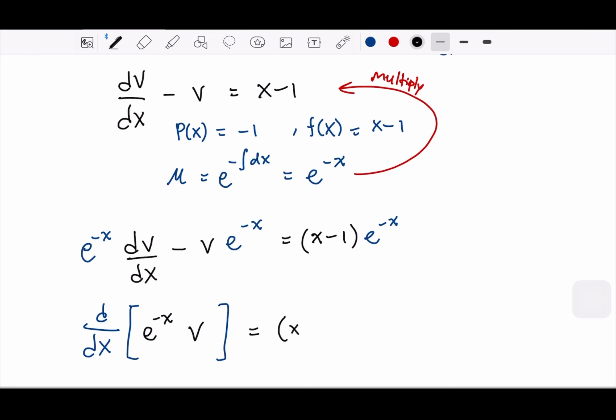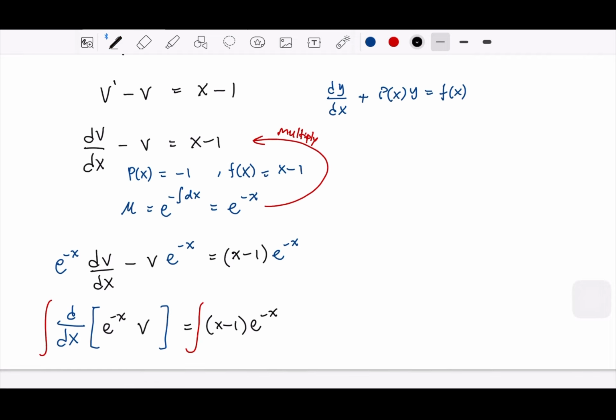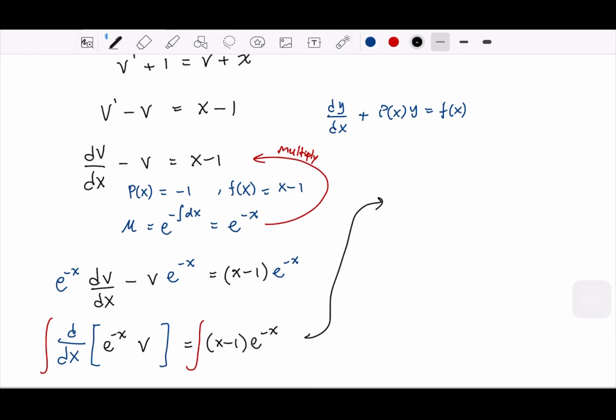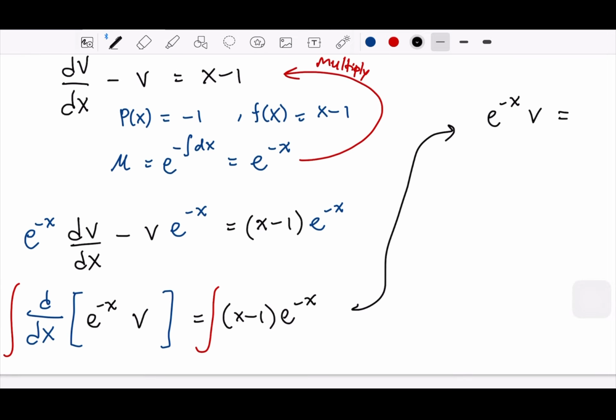And then we can integrate both sides. This will be e to the power -x multiplied with v equal, well, you could take this integration.